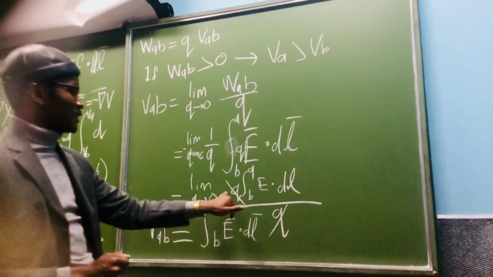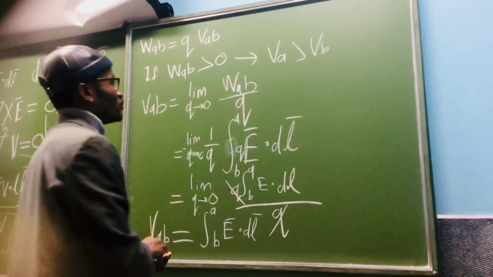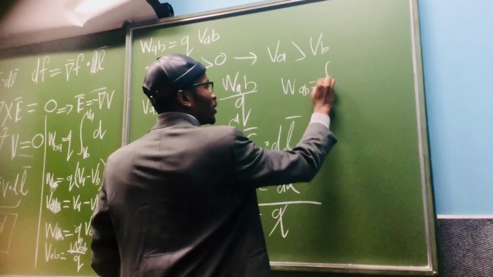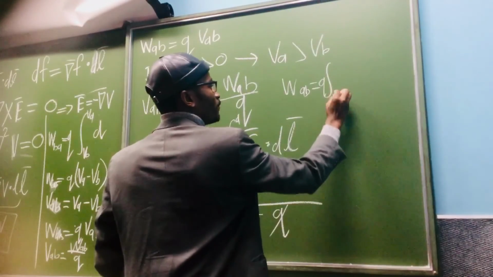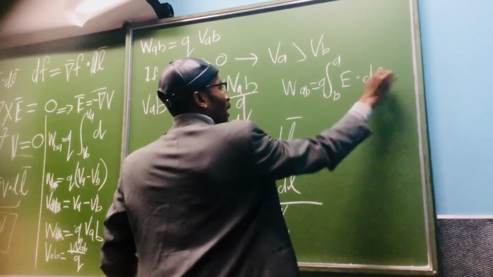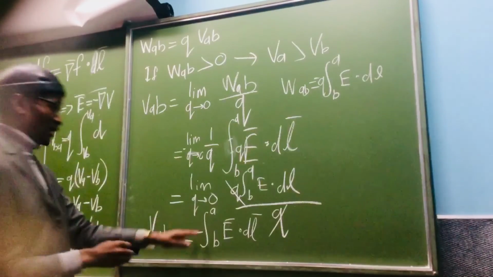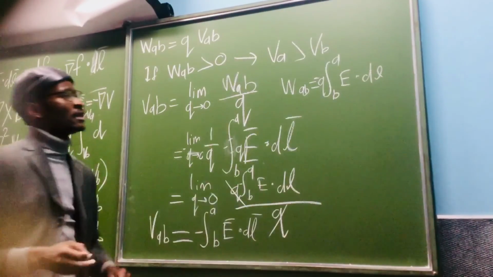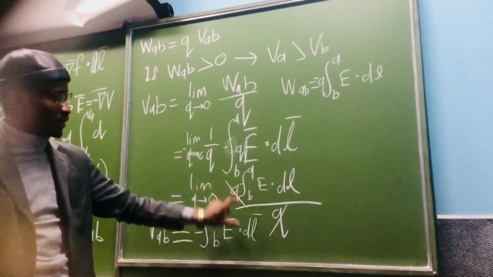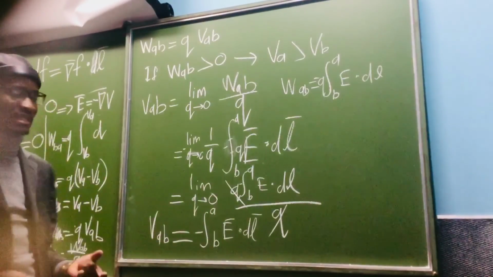Therefore, since we said that the work done here, WAB, we already defined to be the integral with a Q, of course, outside, between B and A, and it was E dot dl with the negative outside, I believe. That being the case, that negative should still be there. We put this Q over Q, then these Q's become a charge on top and a charge at the bottom, and these cancel out because they are approaching 0 anyway, so they are almost negligible.